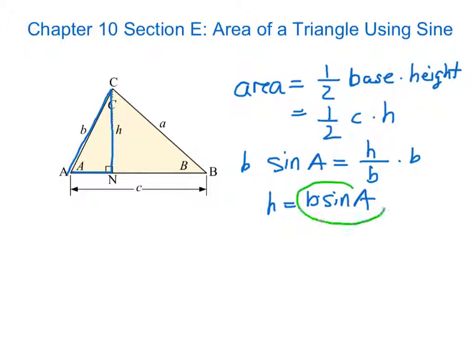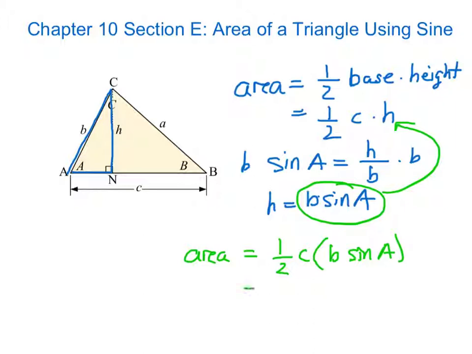Now if we take this value for h and plug it into our previous equation for area, we get a new equation: area equals 1/2 times c times b sine of A, which we can rewrite as 1/2 bc sine of A. So now I no longer need to find the height of a triangle to find its area.